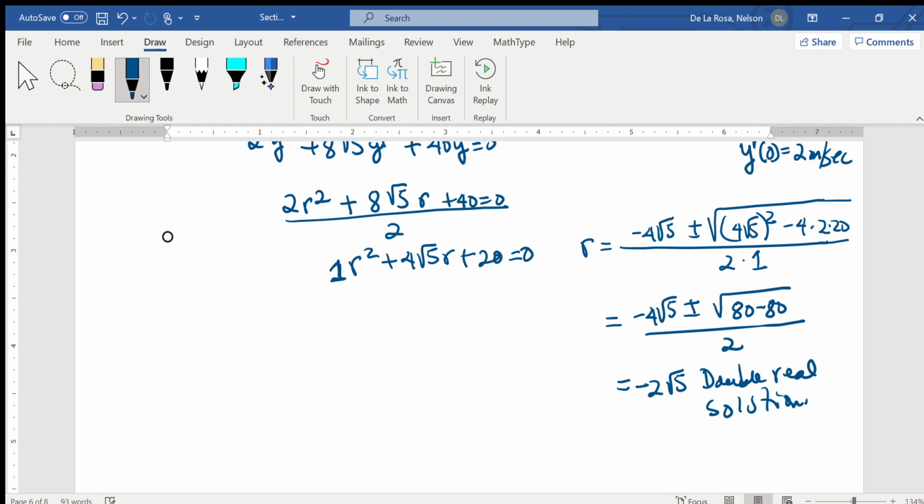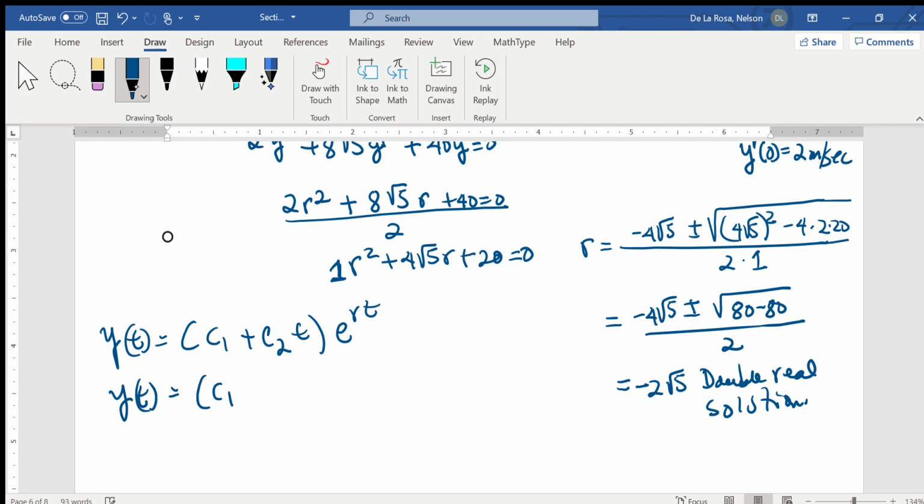Recall when we have a double real solution, the solution is going to be of the form y of t equals c1 plus c2 t times e to the r t. So in this case, y of t is going to be c1 plus c2 t times e to negative 2 square root of 5 t.